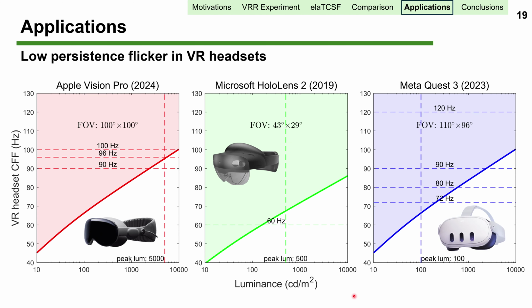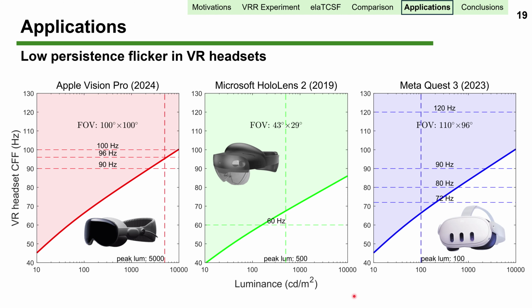Here it demonstrates an application of elaTCSF, predicting the refresh rates needed to make low persistency flicker invisible in VR displays. The figure uses 3 advanced VR headsets as examples: Apple Vision Pro, Microsoft HoloLens 2, and Meta Quest 3.